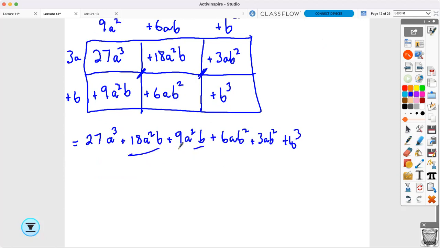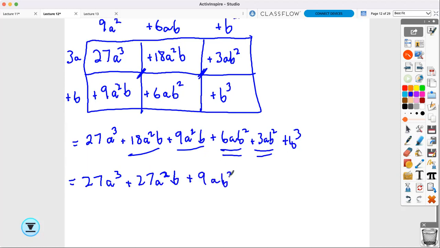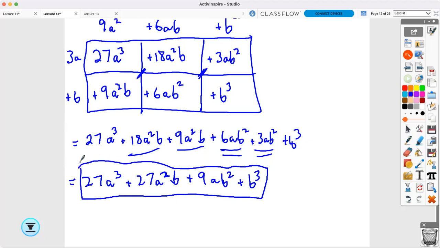These are like terms and these are like terms. So 18 plus 9 is 27a squared b. And then 6 plus 3 is 9ab squared plus b cubed. No more like terms, and we are done. Look at quite the beast we just encountered.